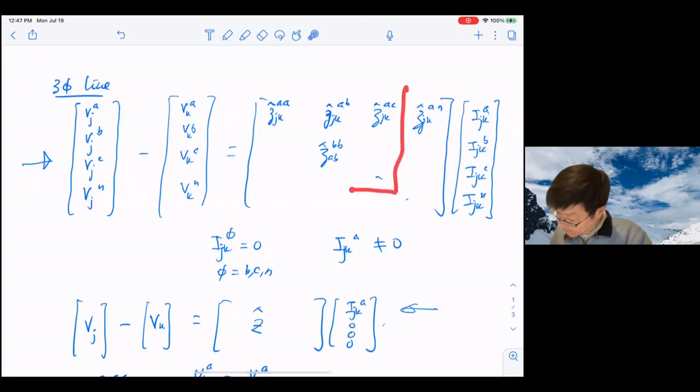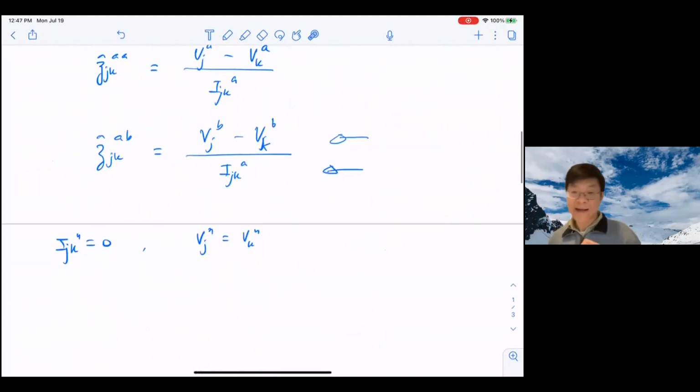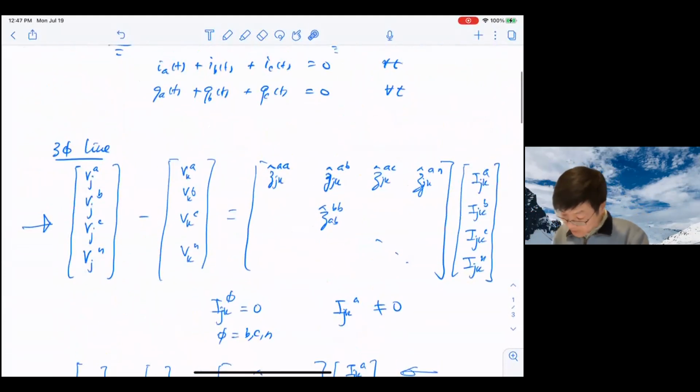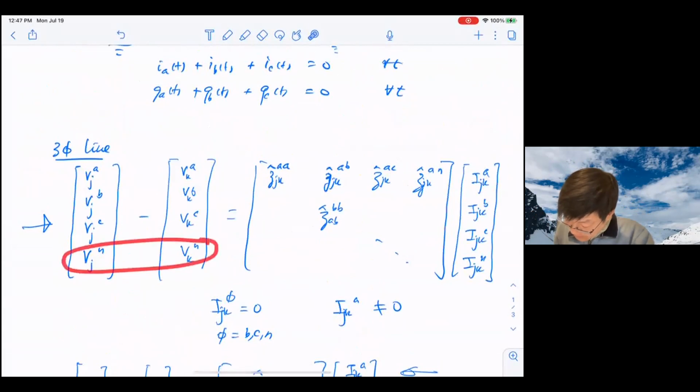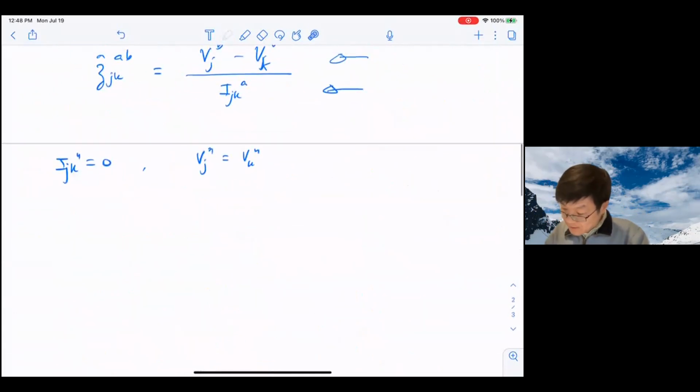It just involves this matrix. In the second case, when V_j^n equals V_k^n, so both ends are grounded, for example, then this difference is 0. So you get a 0 at this entry. And therefore, you can express I_jk^n in terms of the other currents, right?